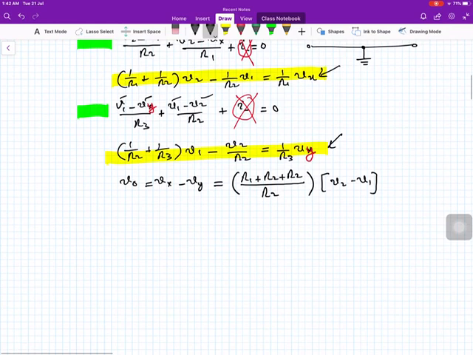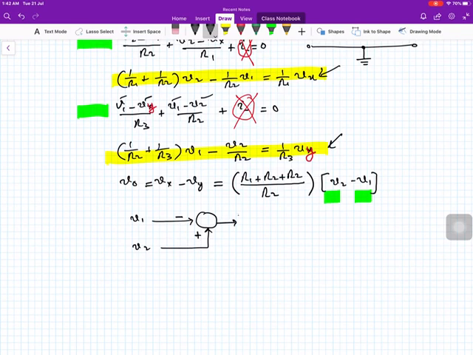We can express the circuit in the form of a block diagram. So this is V1 into the block diagram, and this is V2, and the sign over here is a plus and this is minus. Show it over here, minus V1 plus V2, and then the gain.